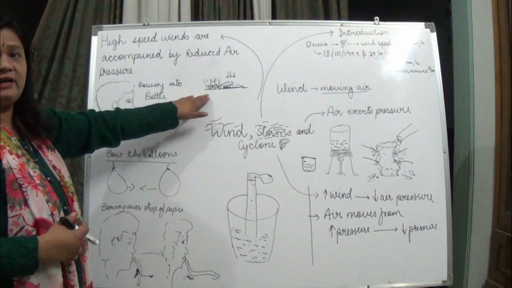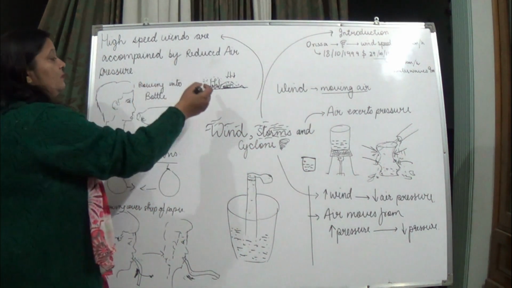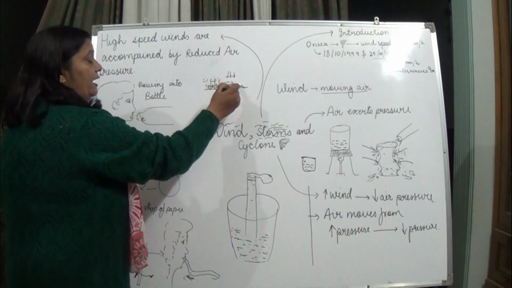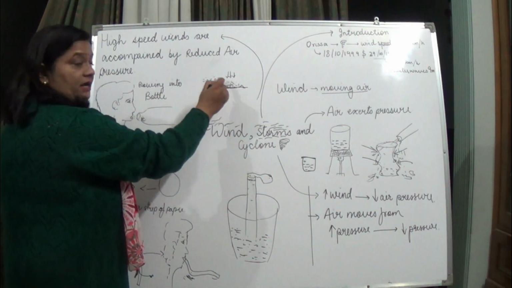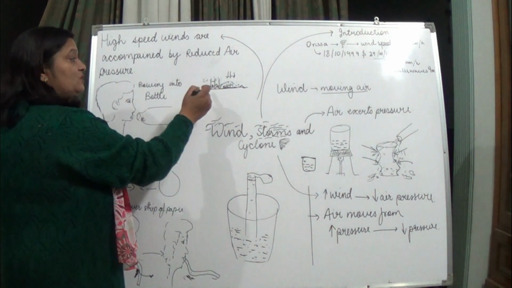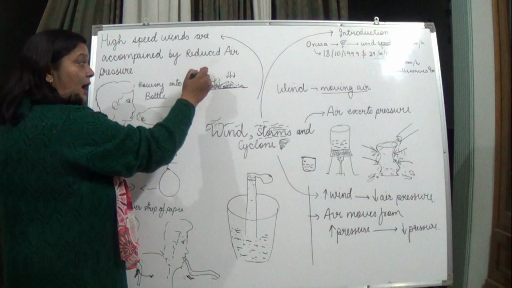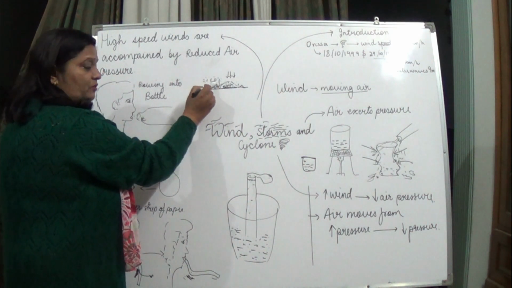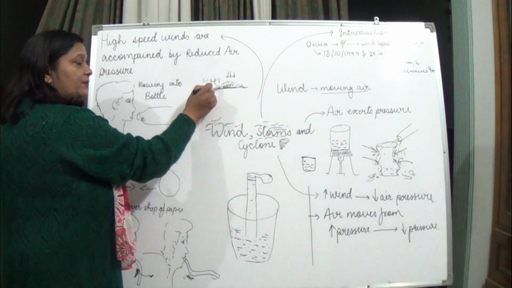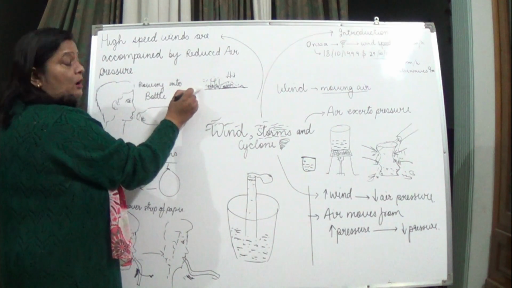Like you can see over here when I was explaining how wind is created. Here the air is not heated, so the pressure of the air is more, but where it is heated, it has gone up and created a low pressure over here. So the air moves from the high pressure area towards the low pressure area.